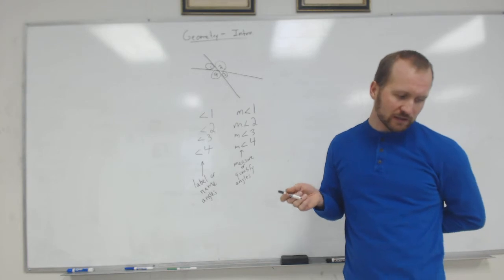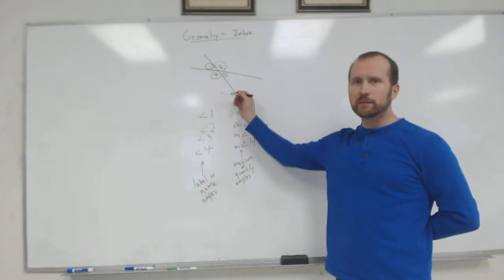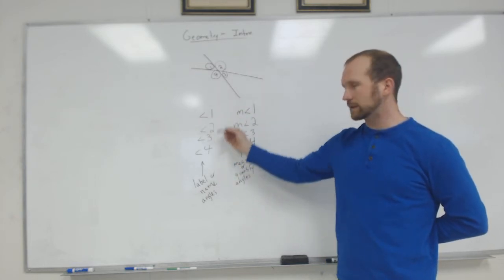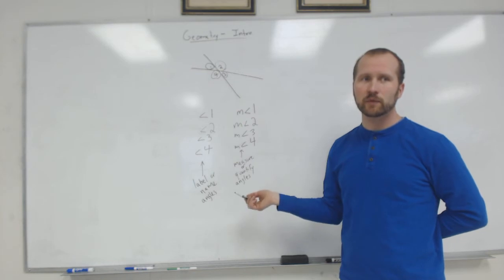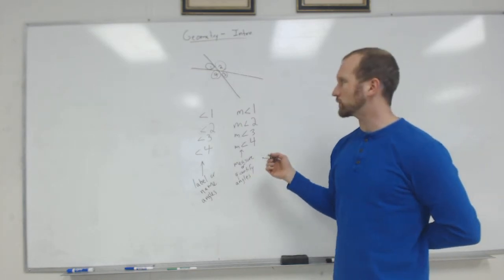And there are some important reasons for that. When we're talking about different angles, if we're just labeling them or naming them, we use something called equivalency in geometry.